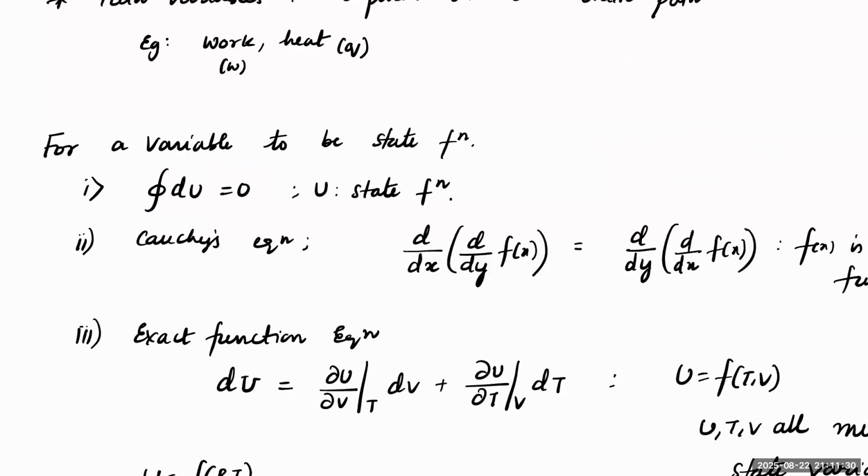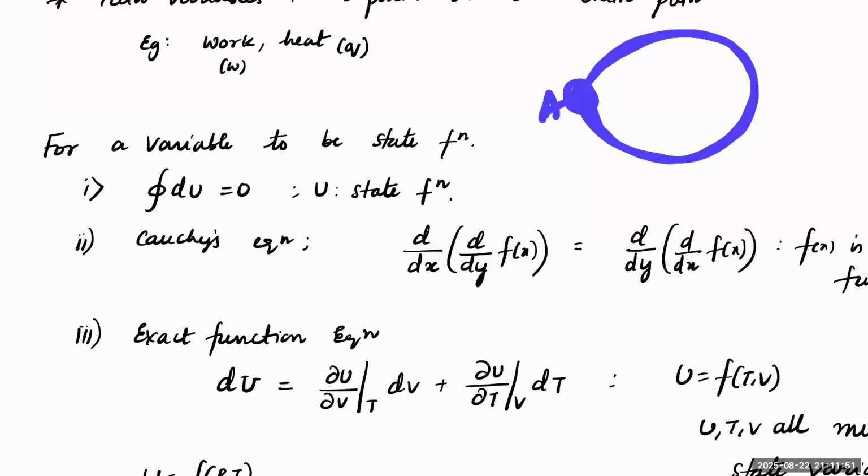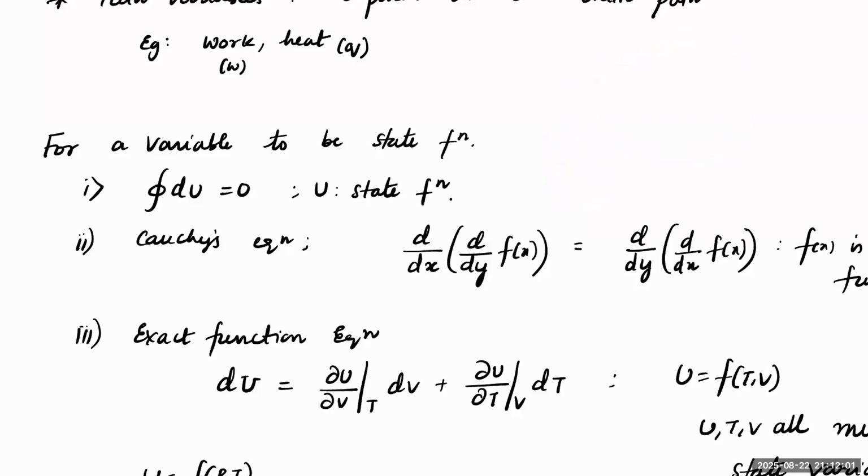That means if you are starting at a point A and coming back to the same point A, after going through all these different paths, then imagine the initial pressure was P. After all the change, you come back to P only, right? So what is the difference? It should be zero. That's what we are denoting mathematically.